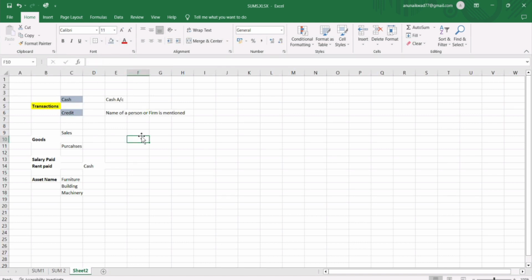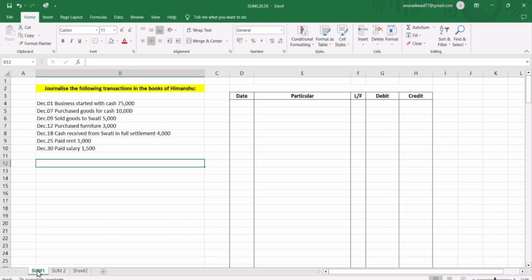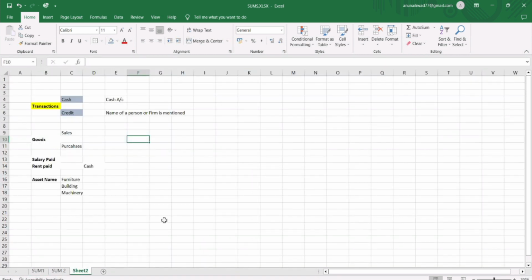When we read the transaction, we understand whether it is for cash. For example, goods bought for cash rupees 50,000. When the word cash is mentioned in the transaction, it is to be understood that the cash account is to be considered.